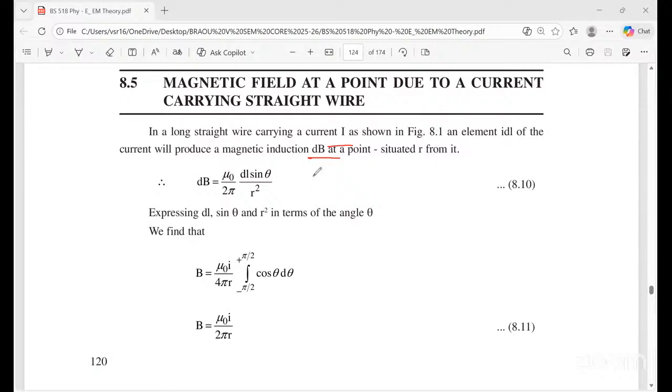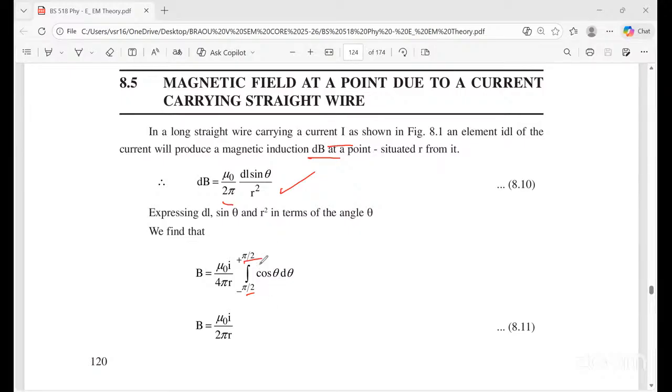Okay. dB equals mu naught by 4 pi, I dl sin theta by r square. So mu naught I by 4 pi r, integrated from minus 90 to plus 90 degrees, cos theta d theta.